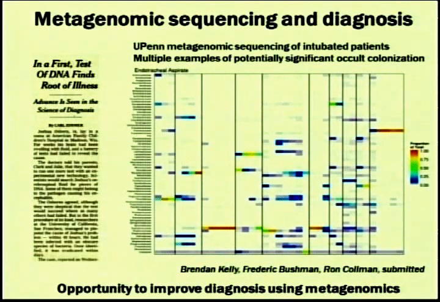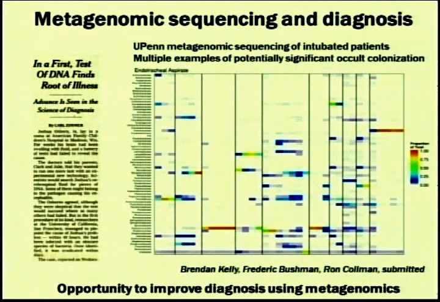A kid with an inherited immunodeficiency had been very sick for a long time. Conventional assay methods had failed to reveal what the bug was. At UCSF, people took cerebrospinal fluid, sequenced it, and were able to find an unexpected bug there, neuroleptospirosis. And upon treatment, the patient got better.